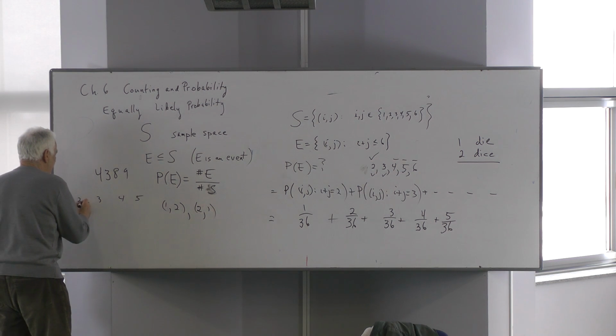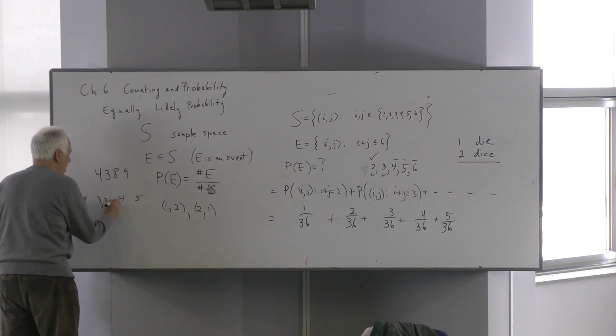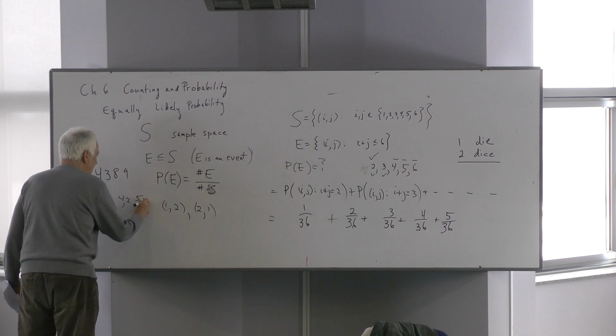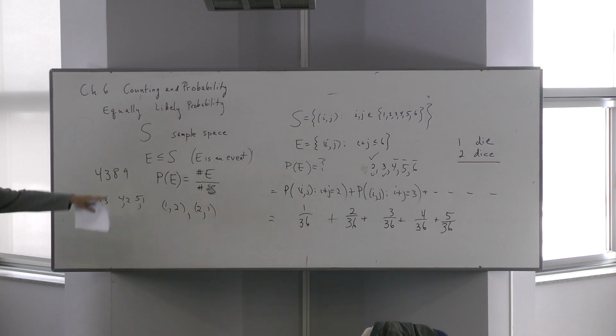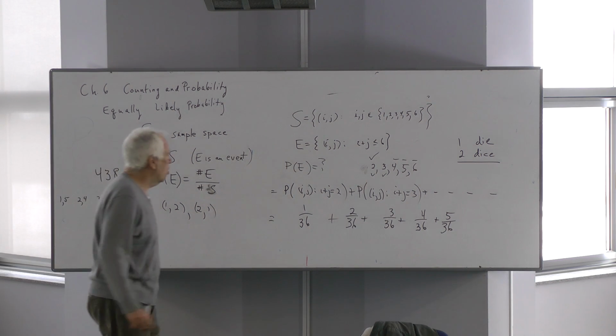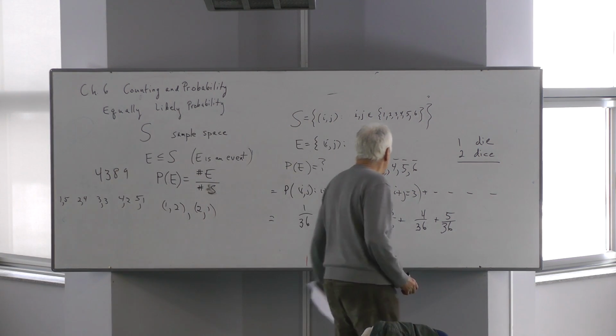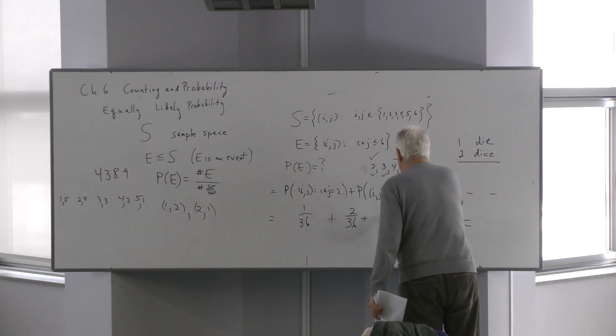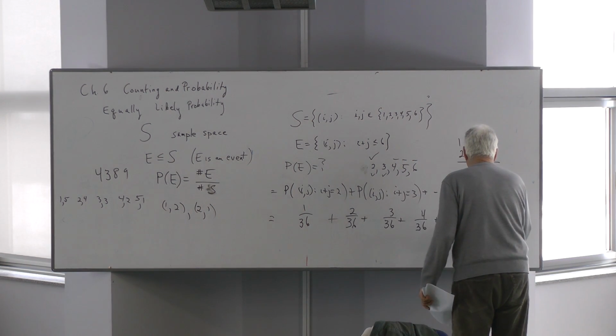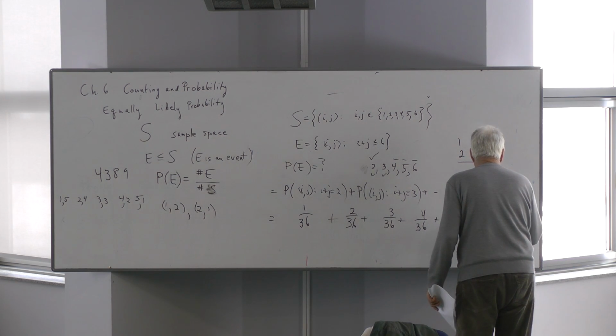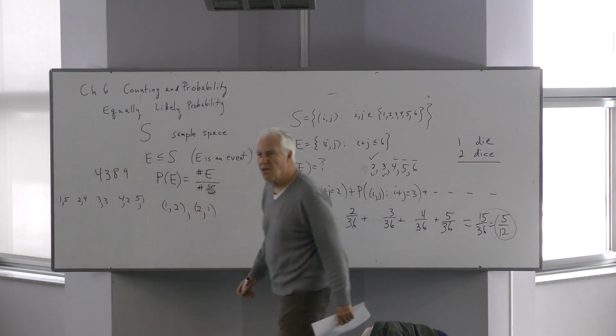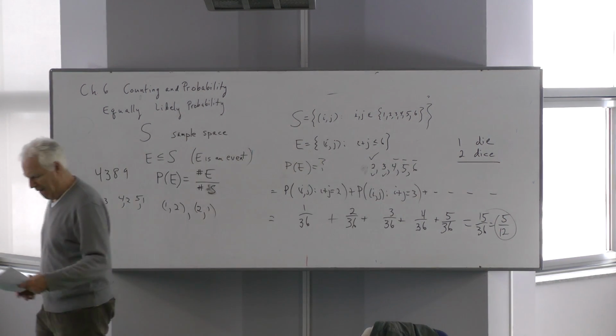It's this, this, this, this, that. That's why I have a 5. Pretty easy. Okay, so you add up these probabilities. I have a 5 and a 5 is 10. One more, 15 over 36. Cancel a 3. It's 5/12 is your final answer. Is that easy? Yeah, piece of cake.